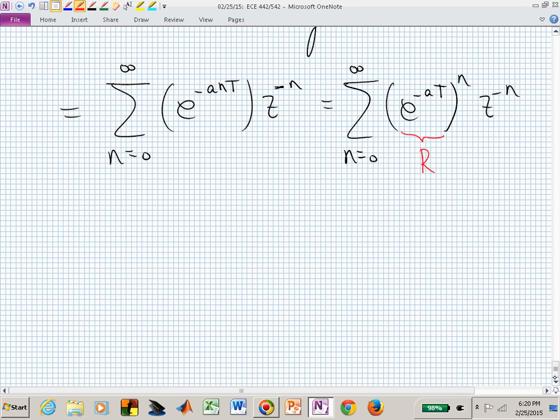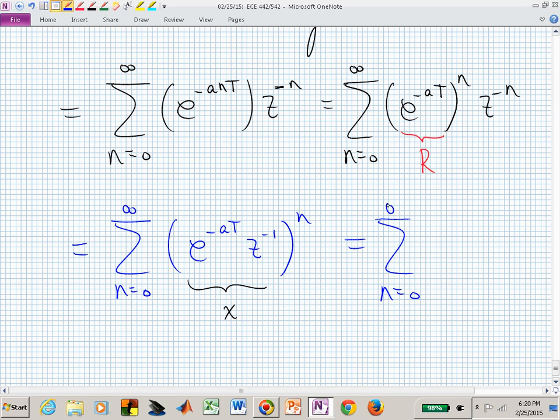But now what we maybe are more comfortable with is thinking of this infinite sum applied to one particular variable. Or if we now say this is e to the minus at, z to the minus 1, all of that can be raised to n. We can now think of all of this as some variable x, which now allows us to say we have this sum from n equals 0 to infinity of x to the n.